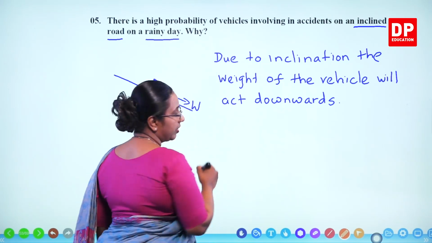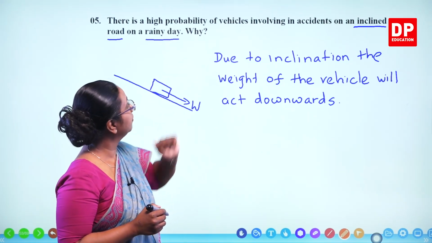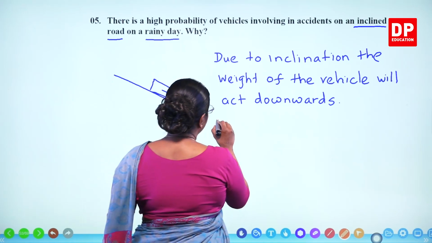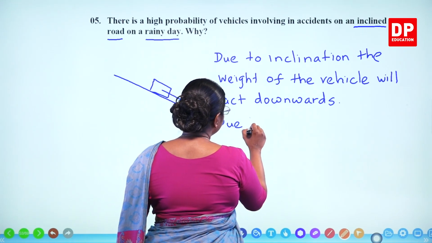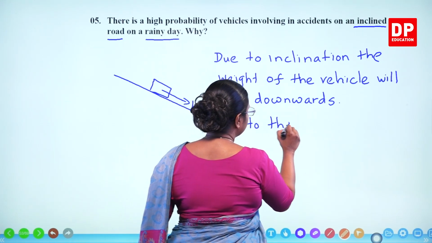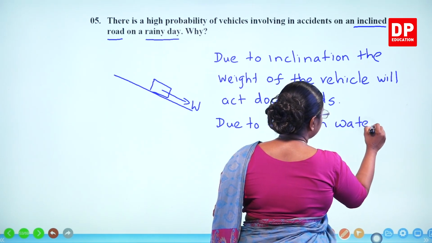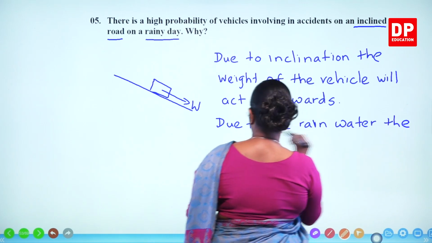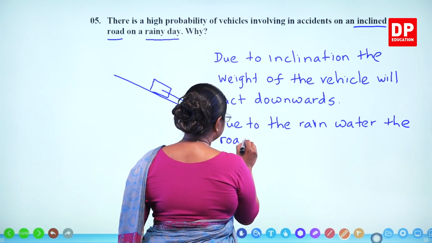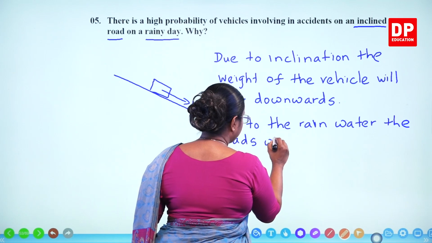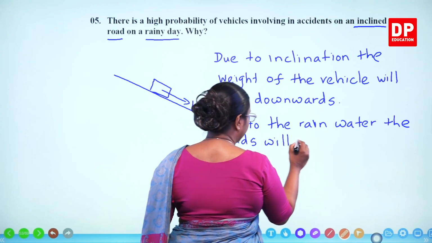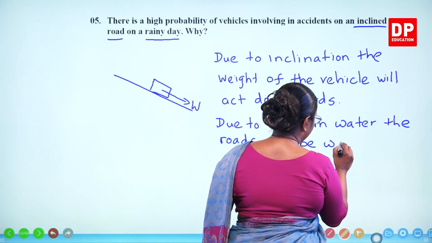And the second point, we have to write about the rainy day. Due to the rain water, the roads will be wet.